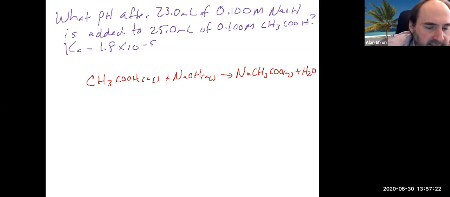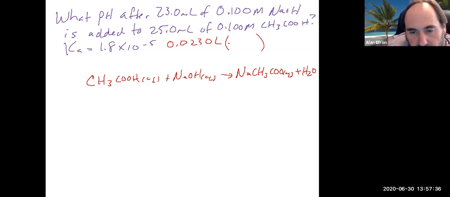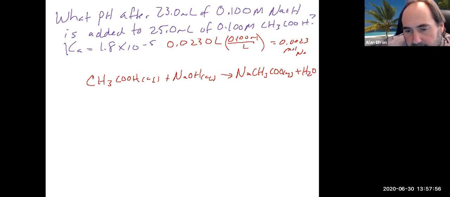Now, obviously, for this titration, as we talked about a number of times, we do need moles. Same type of calculation we've done before. If we take 0.023 liters, which is our 23 milliliters converted into liters, times the molarity, moles per liter, of our sodium hydroxide, which is 0.1, we will end up with 0.0023 moles of sodium hydroxide.